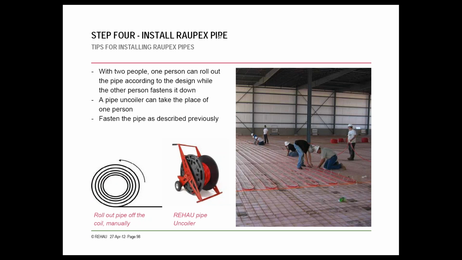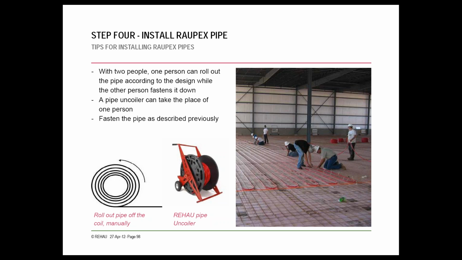If you're going to be installing longer loops or using larger loops of pipe, 1,000+ feet, uncoilers are certainly helpful. We try and size the overall length of pipe based on the loop lengths.